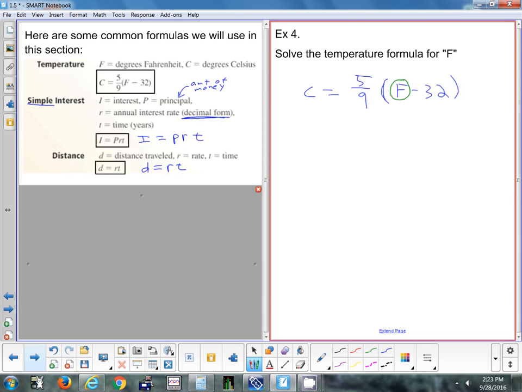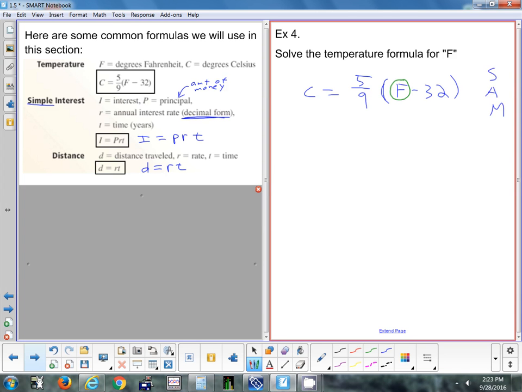I think probably the best thing is to stick with the order that we're used to. I'm not saying this is going to be the shortest way. I can think of a faster way. But it's probably going to be confusing because it's not the way we've been doing it. So let's stick with that.